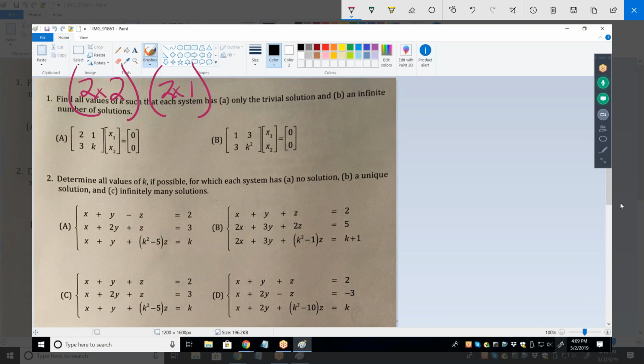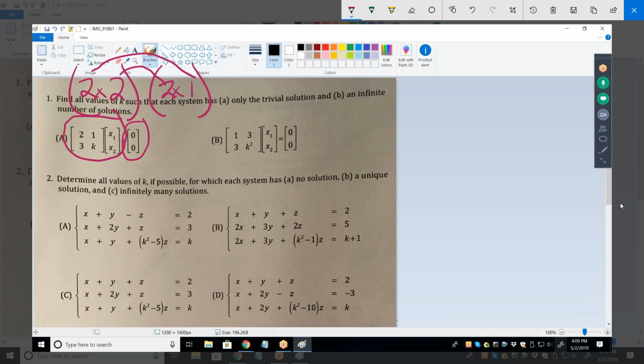You can only do it if these two are the same, and the result is always the outside. In other words, we're going to get something that looks like that. And indeed, that is a 2 by 1 in the answer. So let's do the multiplication. What do you get?